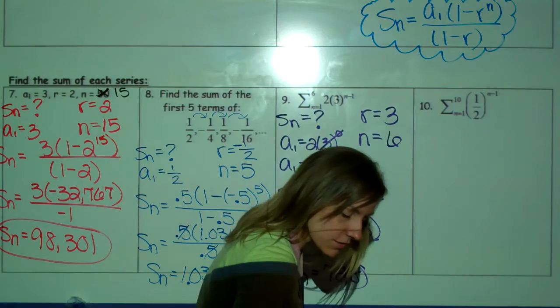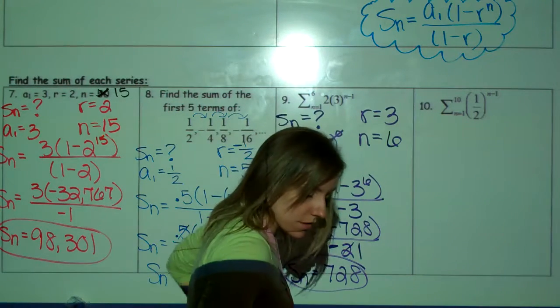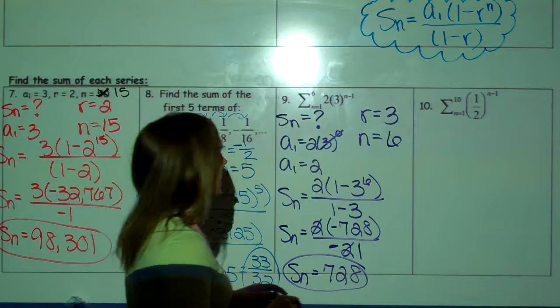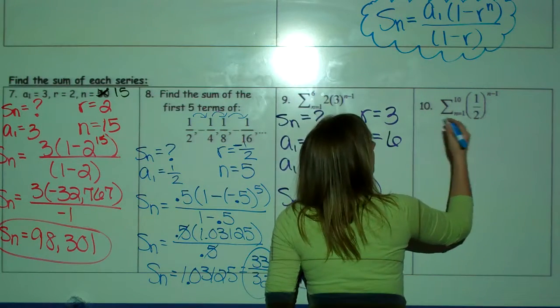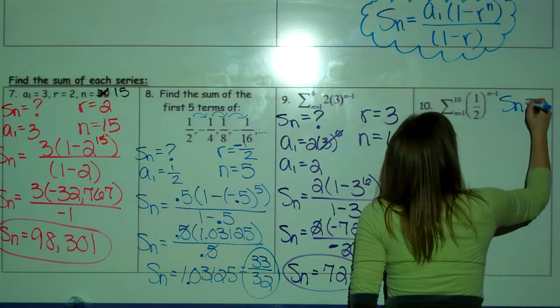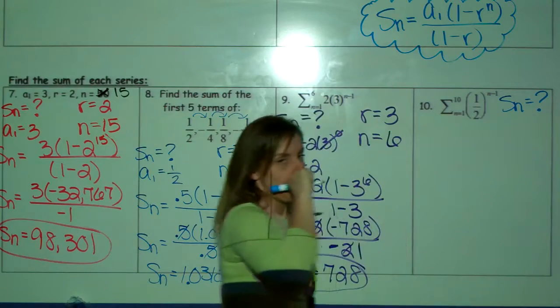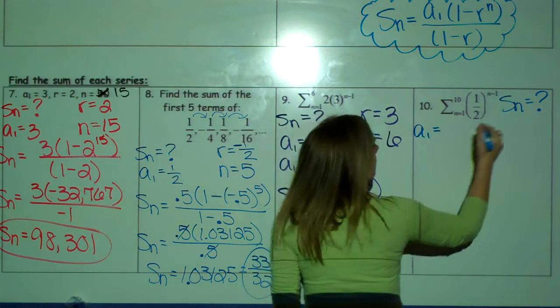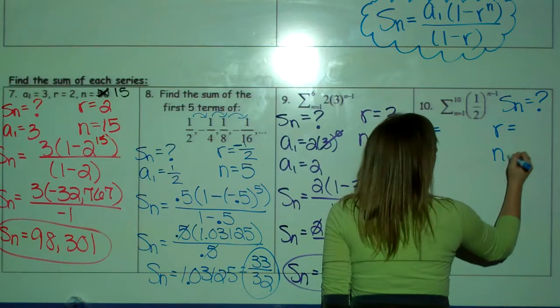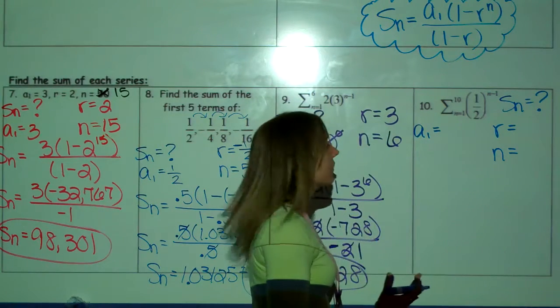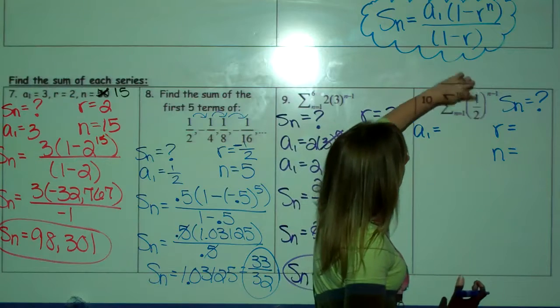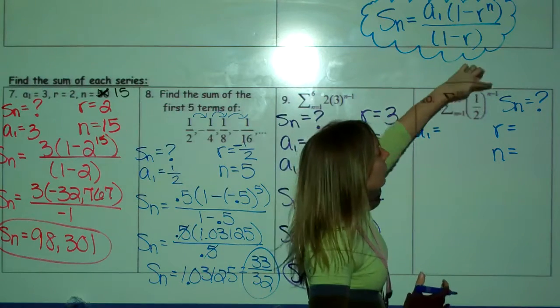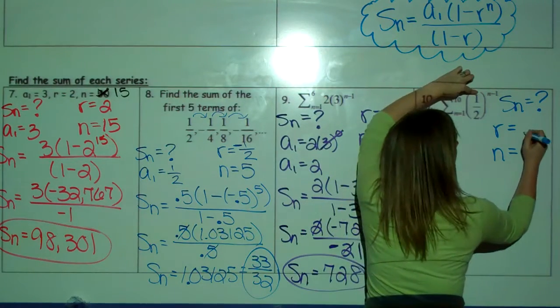All right, the last one. All right, same thing. What's the sum? So I'm going to put that up here. That way I've got a little bit more room. The first term we have to find. The ratio and the number of terms are actually given right here, okay? The ratio is the number with the power. So the ratio is 1/2.